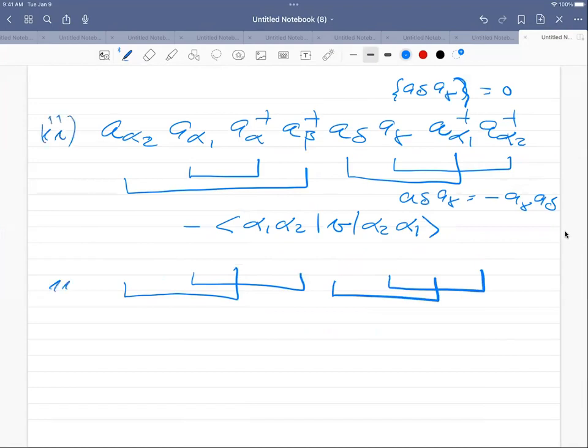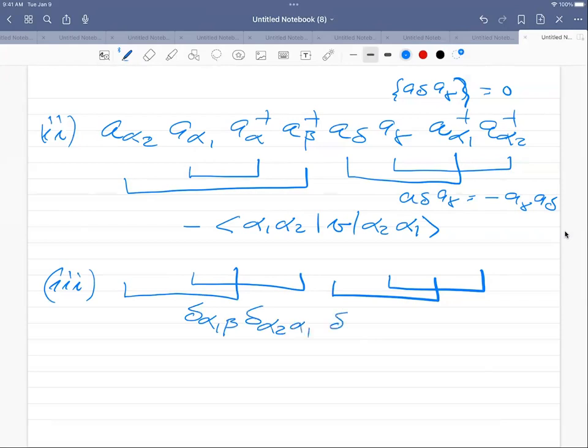This is a new set of possible contractions. And now I'm just listing those which can be non-zero. All the 0 ones are just left out. In this specific case, what we get now is a delta alpha 1 with a beta, and a delta alpha 2 with a alpha 1.